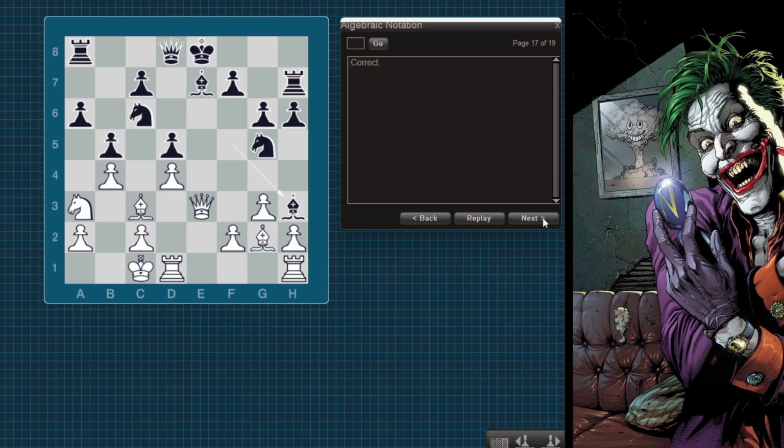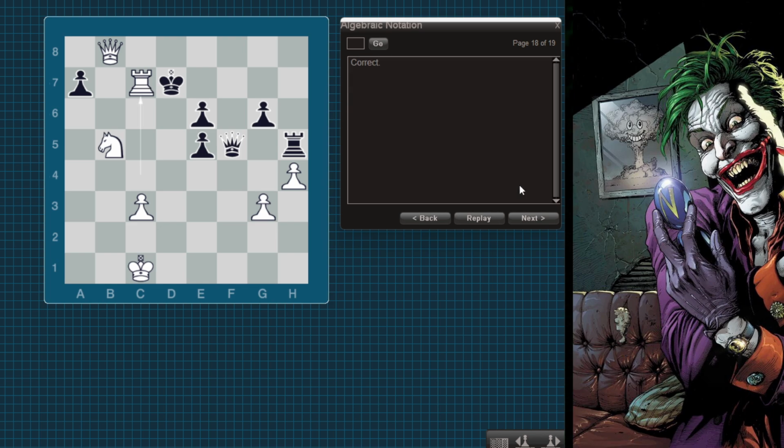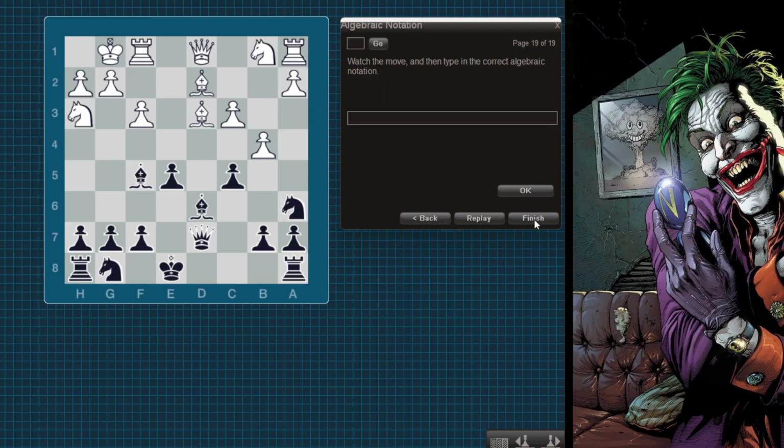Correct. Type in the correct algebraic notation for this move. Correct. Watch the move and then type in the correct algebraic notation. Correct.